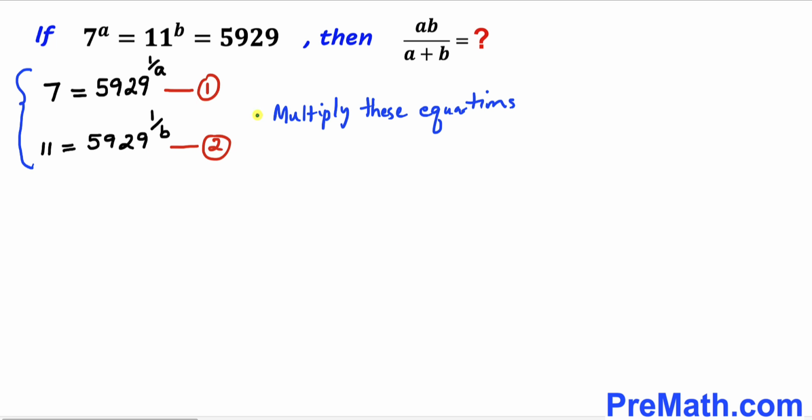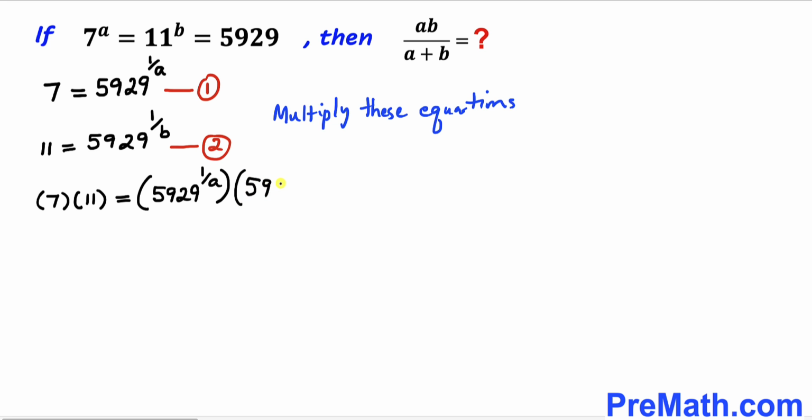And now we are going to multiply these two equations. We are going to multiply the left hand sides and the right hand sides at the very same time. So therefore I can write 7 times 11 is going to be equal to 5929 power 1 divided by a times 5929 power 1 divided by b as well.